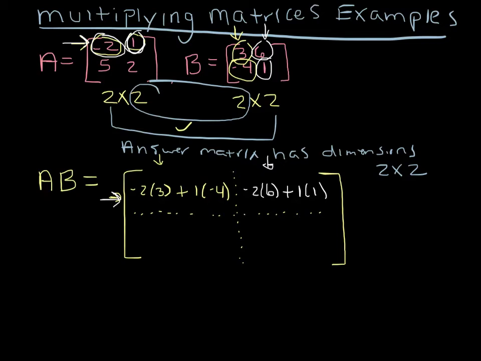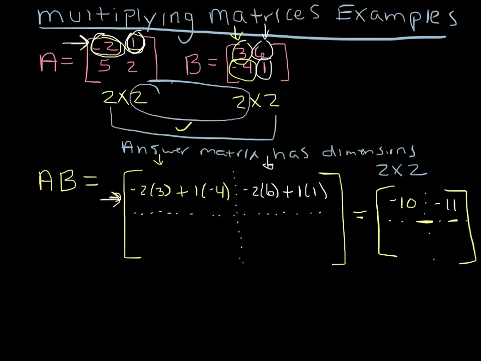Let's do the answers out, right? Negative 2 times 3 plus 1 times negative 4 gives you negative 10. And negative 2 times 6 plus 1 times 1 gives you negative 11.